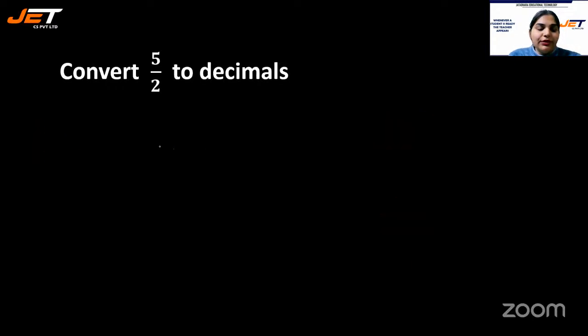Next one, convert 5 by 2 into decimals. Just do this, 5 divided by 2. 2 times 2 is 4, remainder 1.